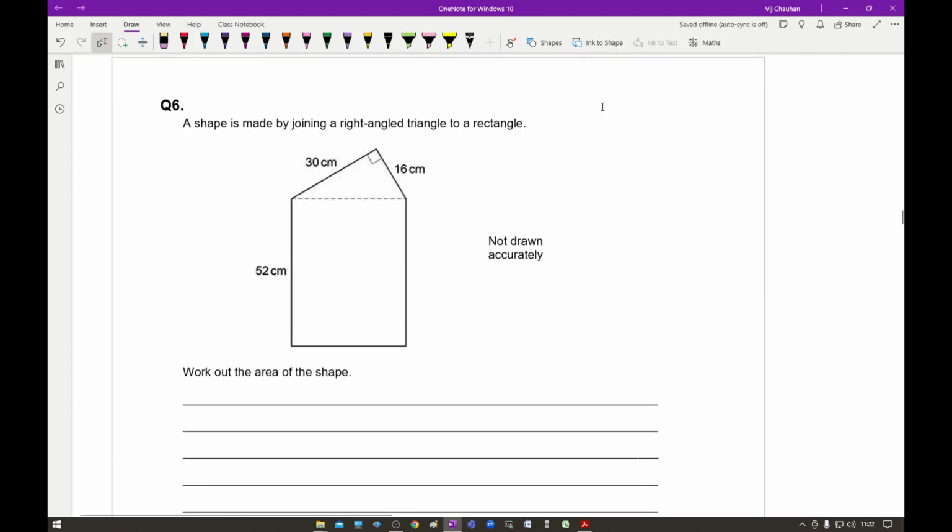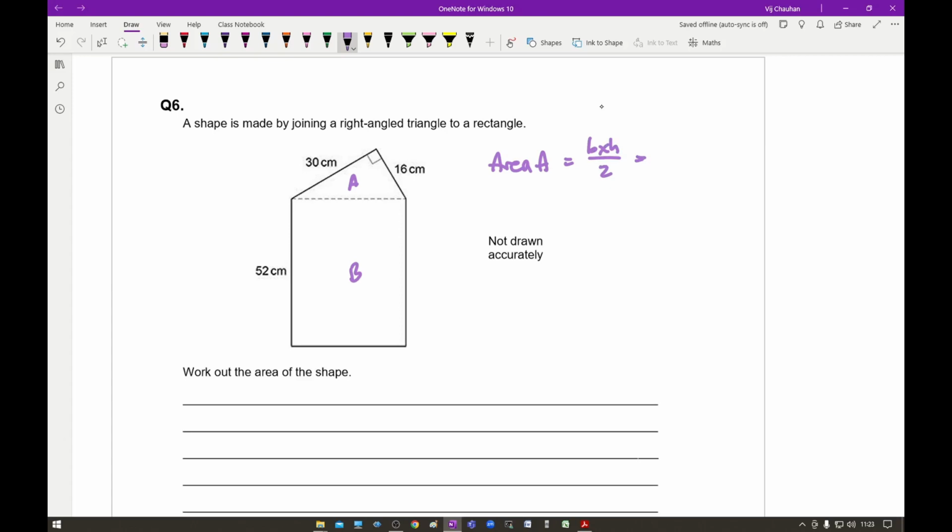Then moving on to question 6, it says that a shape is made by joining a right angle triangle to a rectangle. Work out the area of the shape. You can see that this is a compound shape, so let's label the two separate shapes A and B. Area A is a triangle, and that's going to be base times height divided by 2.